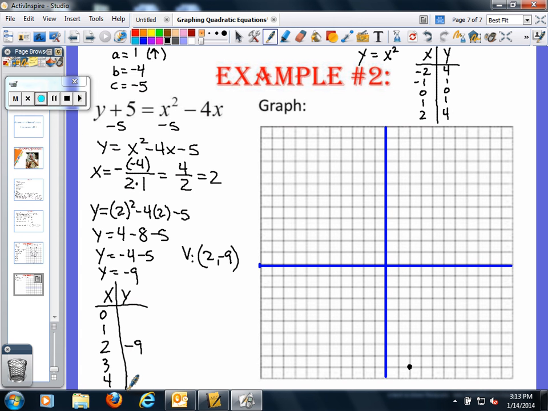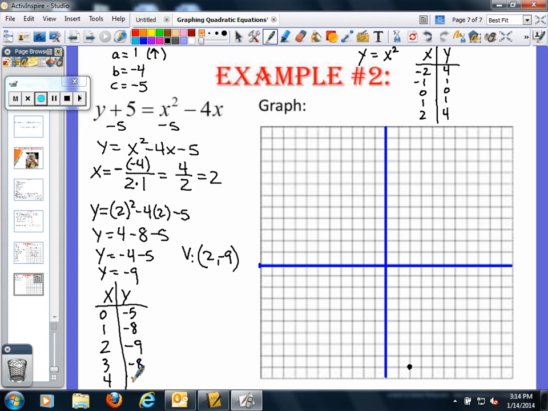Now, the y here decreased by 9, which means the y here is going to decrease by 9. So 4 minus 9 is going to be -5. 1 minus 9 is going to be -8. 1 minus 9 will be -8.